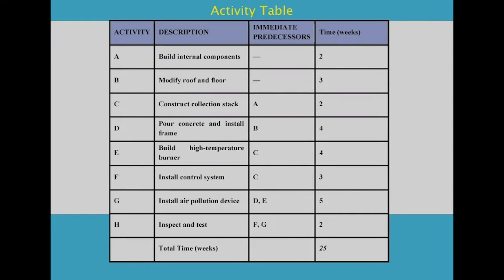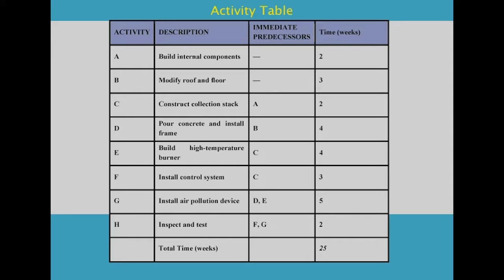Let us consider the following example to conduct CPM, that is the critical path method. We have discussed before that CPM is the technique where the deterministic activity durations are considered. Hence, here is an activity table of the project to install an air filter system in the chimney along with immediate predecessors and time estimates.